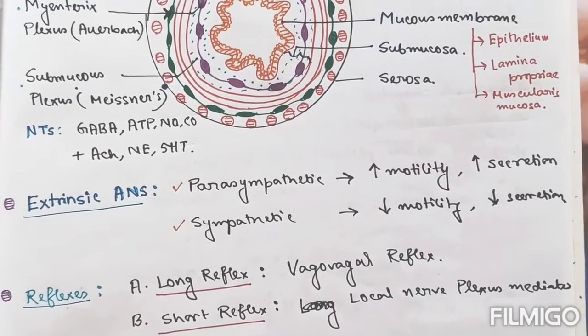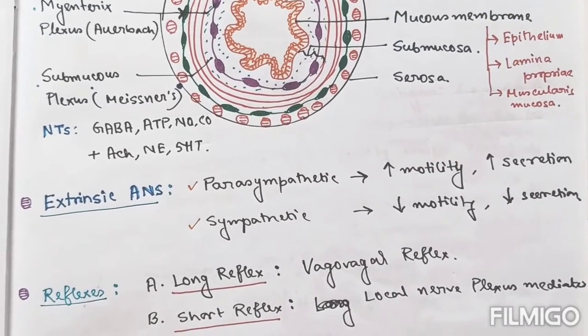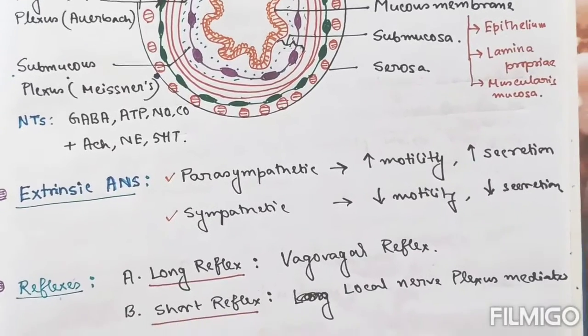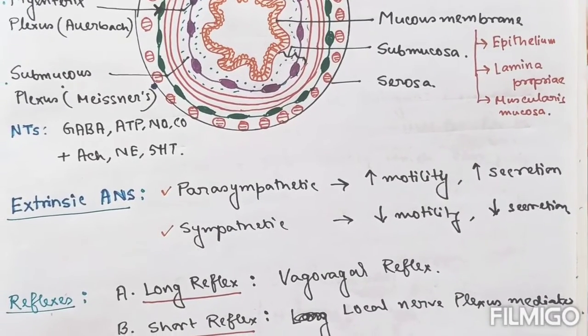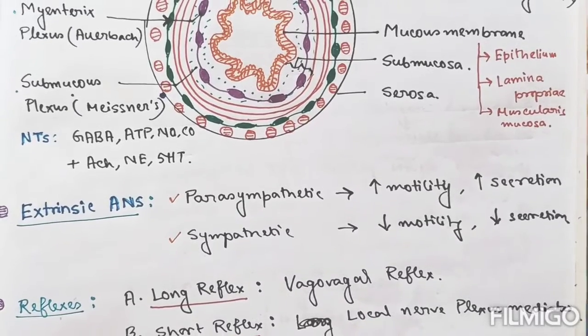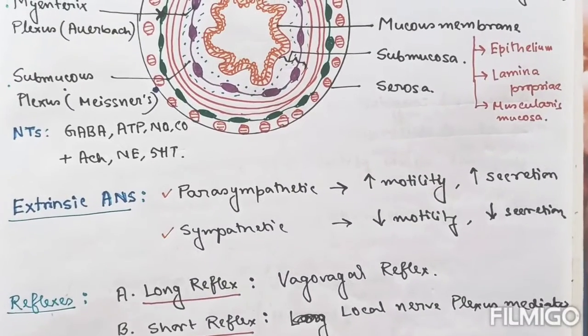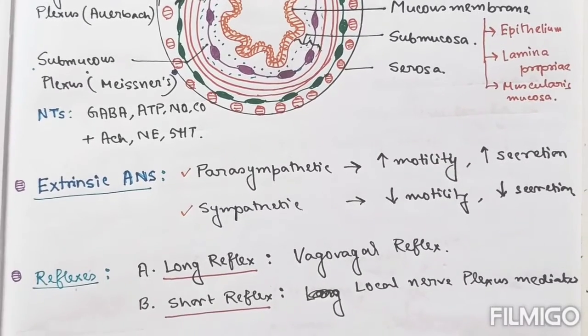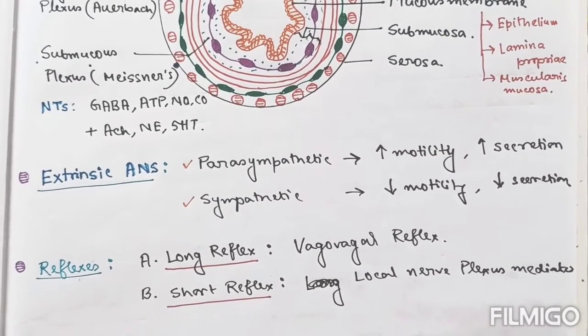Next, the extrinsic nervous system is maintained by autonomic nerve fibers, and they are either parasympathetic or sympathetic in nature. The parasympathetic discharge causes increased motility and increased secretion, while the sympathetic discharge causes decreased motility and decreased secretion.